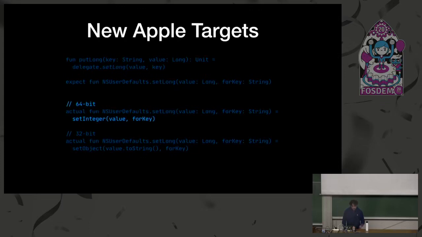So on 64-bit platforms, it can just put both ints and longs into iOS integers, which is 64-bit, which is essentially the same as a Kotlin long. And then on 32-bit stuff, I have to stringify it. So it's not super elegant, but it does the trick, and it can still serialize every possible value correctly.